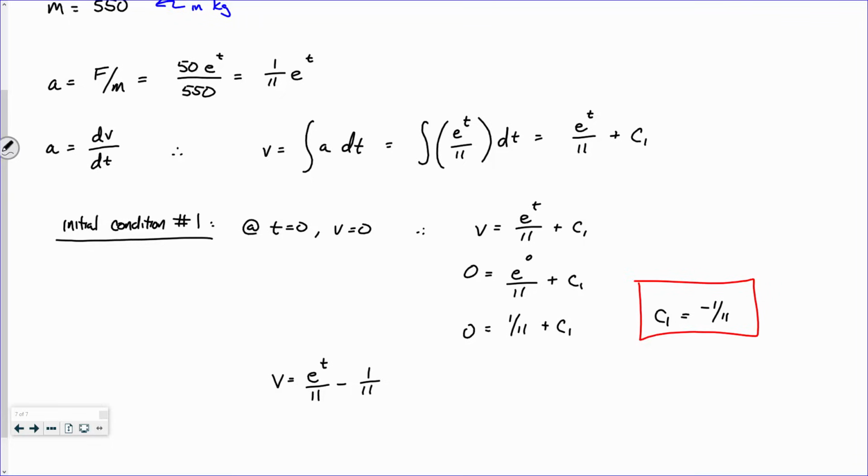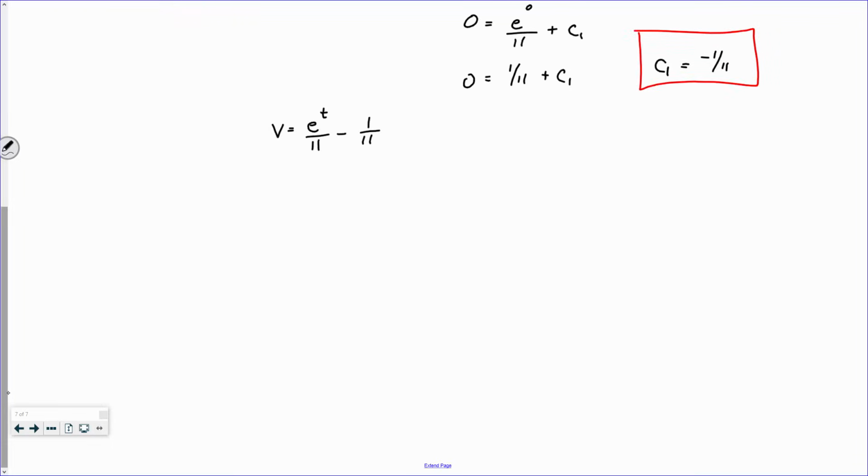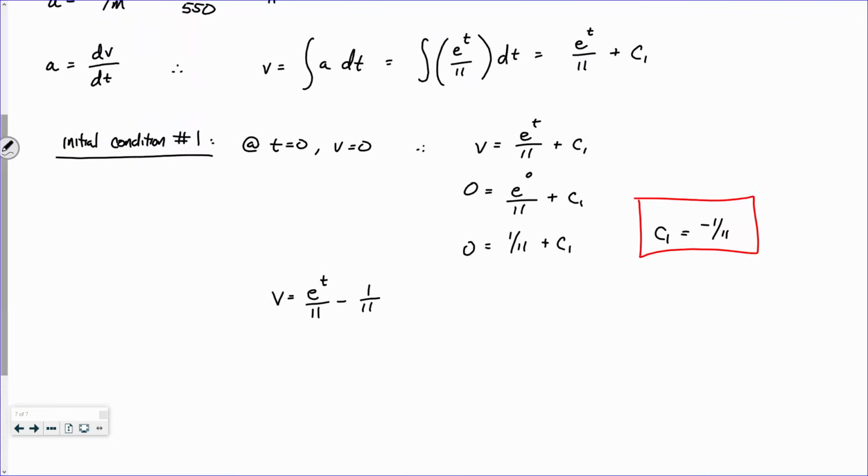We're not quite there. What's next? Position. Now, how do we determine velocity with respect to position? Velocity is the change in position with respect to time. That's what it is, right? So I have velocity.